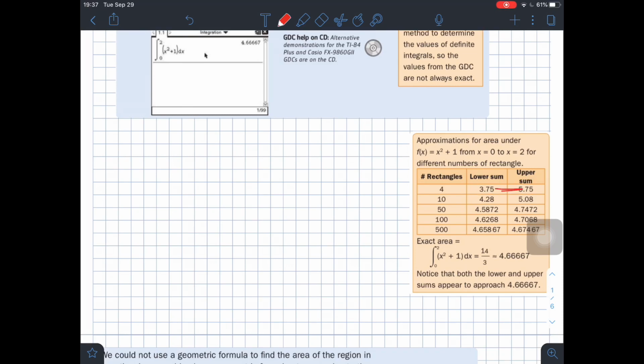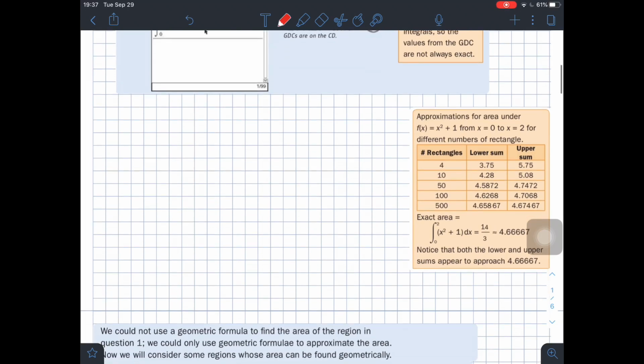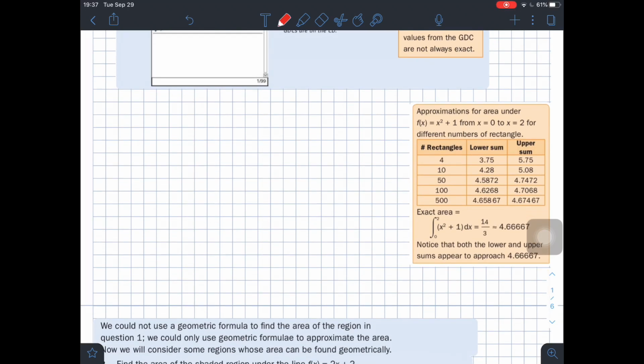So if I find the average between these two values, then I will be getting an estimated value for the area, right? And you see that as I increase the number of rectangles, the more rectangles I use, the lower sum and the upper sum tend to the same value, right? They tend to this value over here, 4.66667, okay?